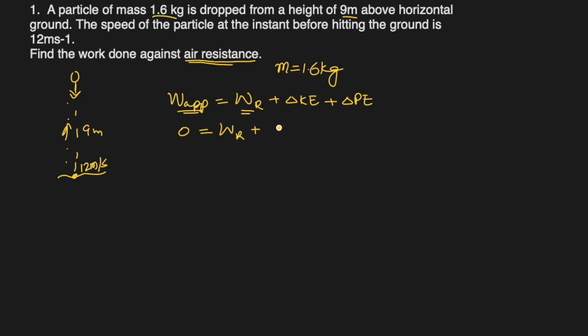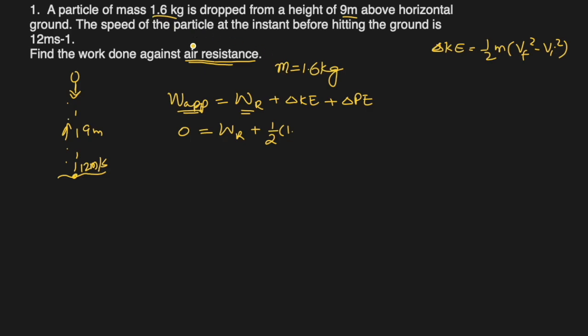Then the change in potential energy. Let me write m here. Okay, we should know the formula first. So delta KE is 1 over 2 m (V final squared minus V initial squared). So what was the mass?